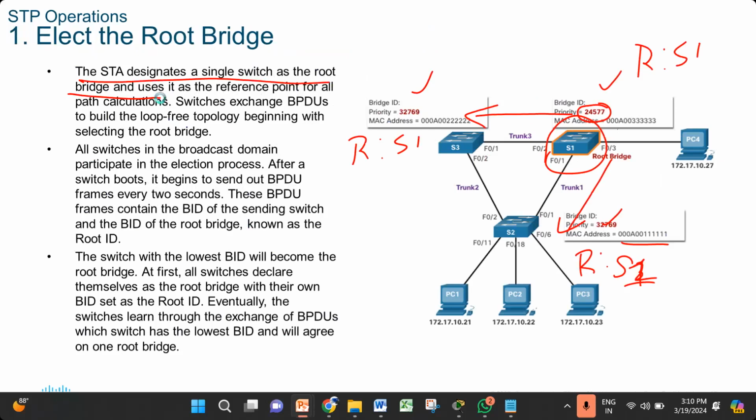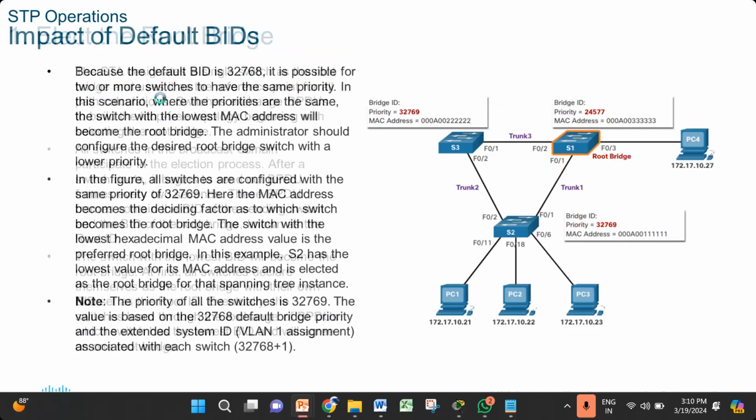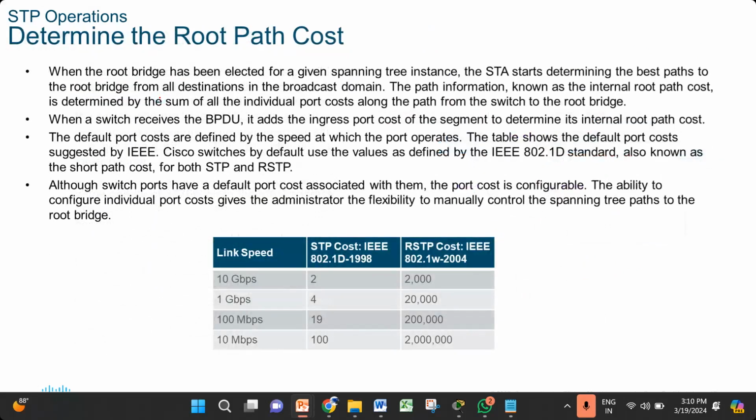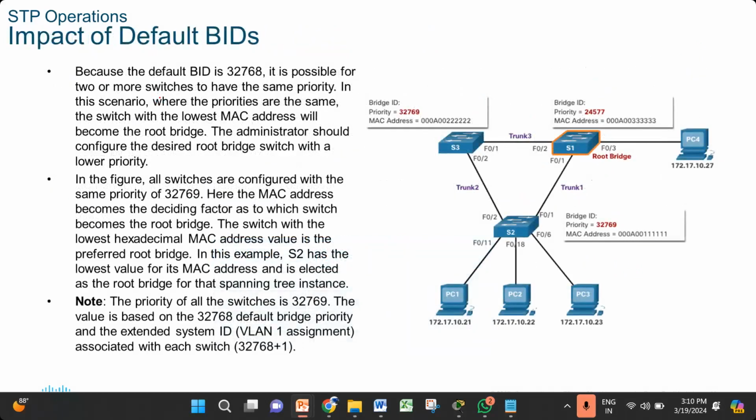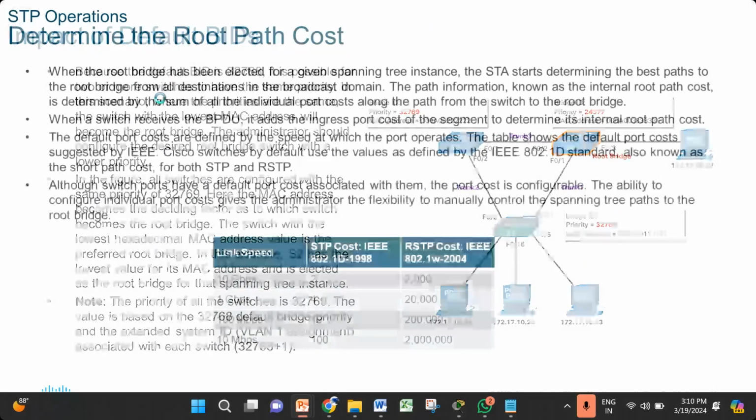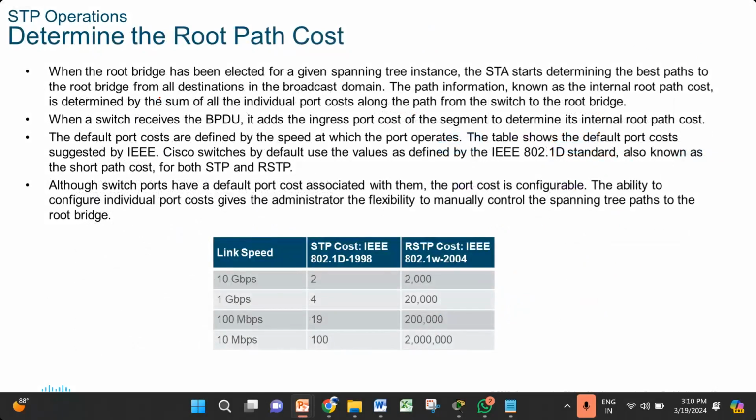Now imagine what the other parameters used are, as I told you, the bridge ID and the MAC address. Next, I should designate the ports. I should elect which is the blocked port and which is the open port.